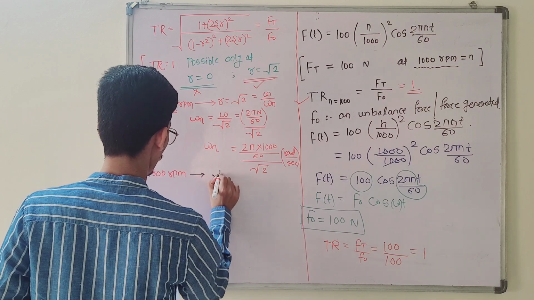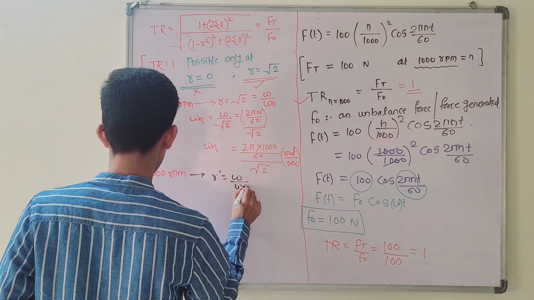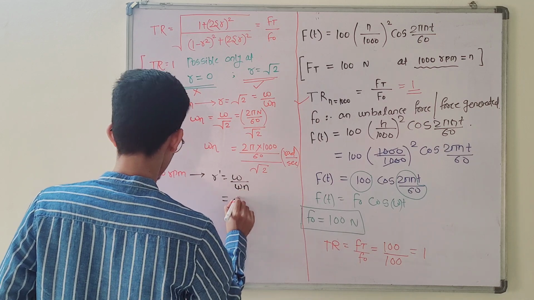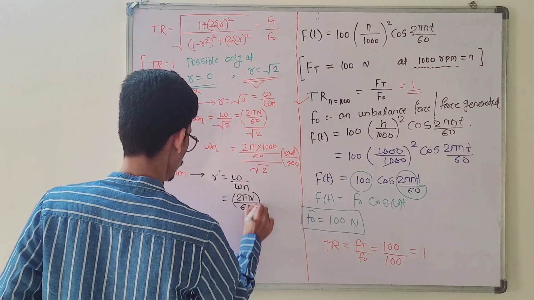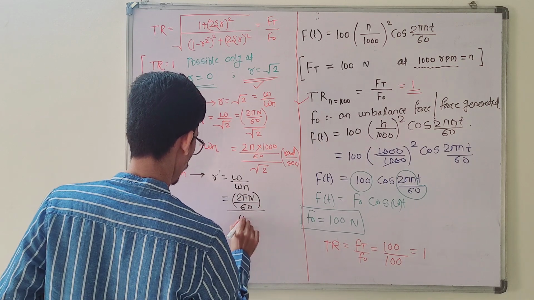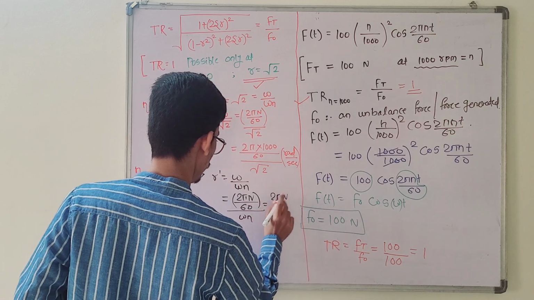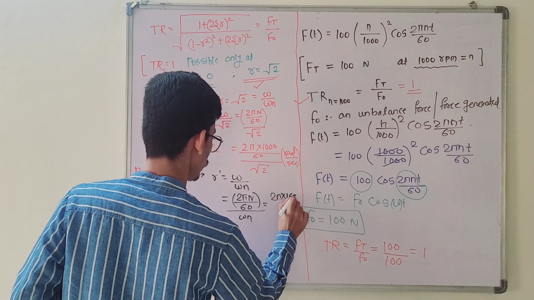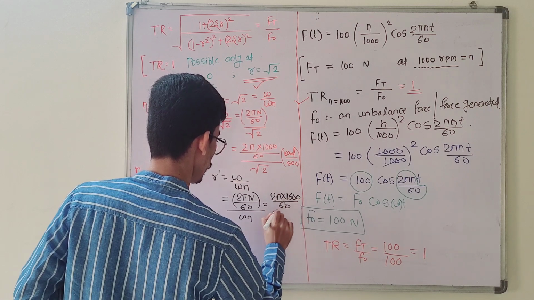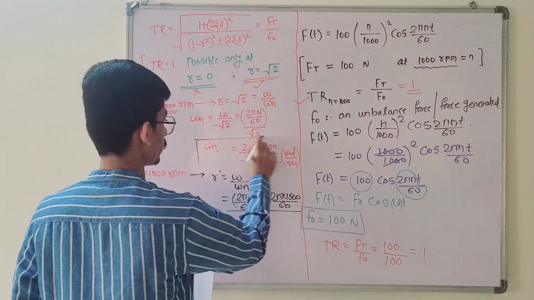We would like to find r prime equal to omega divided by omega n, and omega is equal to 2 pi N by 60. So this is equal to 2 pi into 1500 by 60, divided by omega n. And what is omega n? Omega n is nothing but this value.